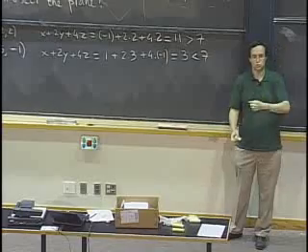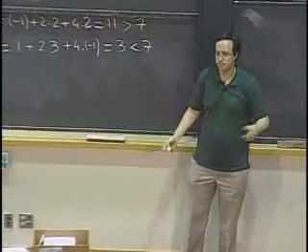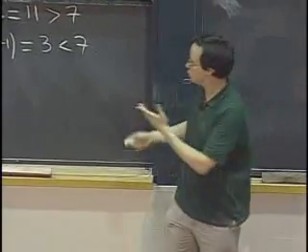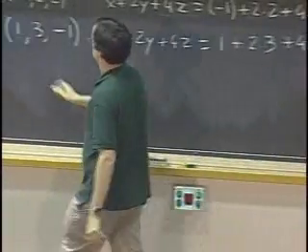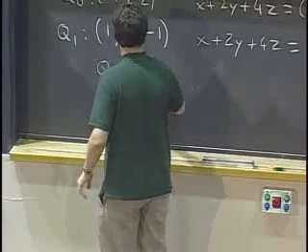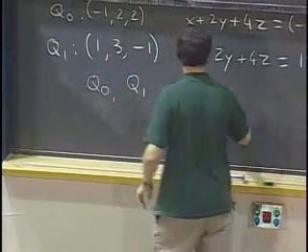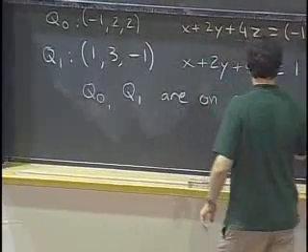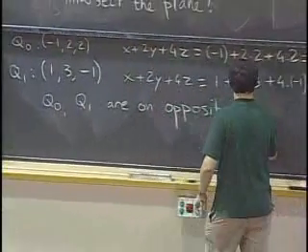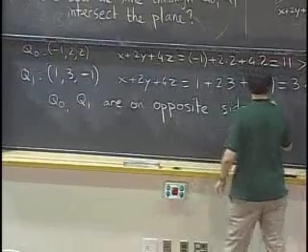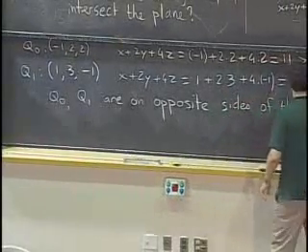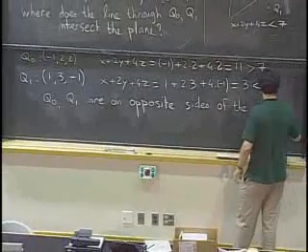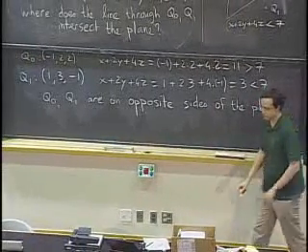So to go from Q0 to Q1, we need to cross the plane at some place. So they're on opposite sides.